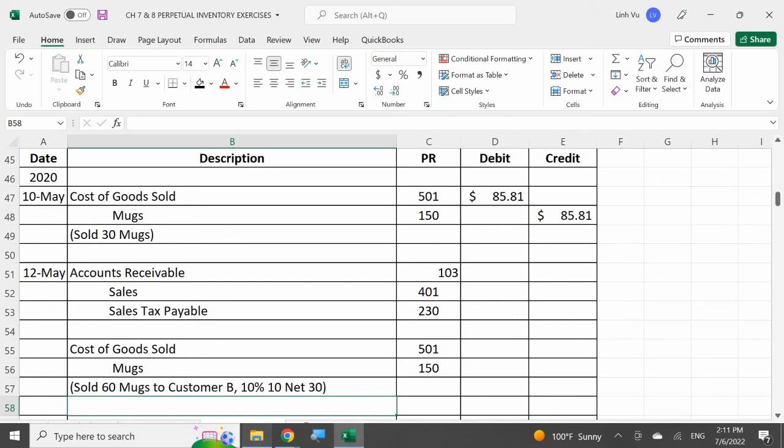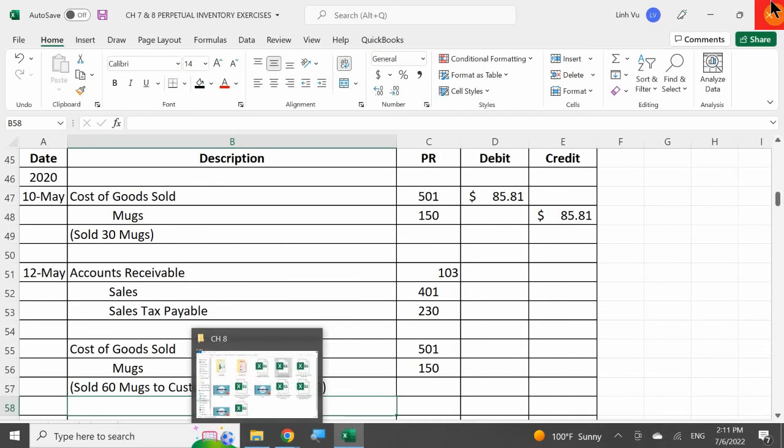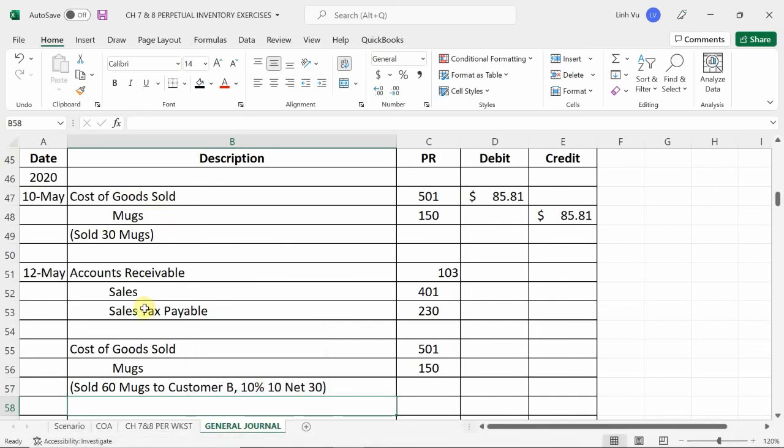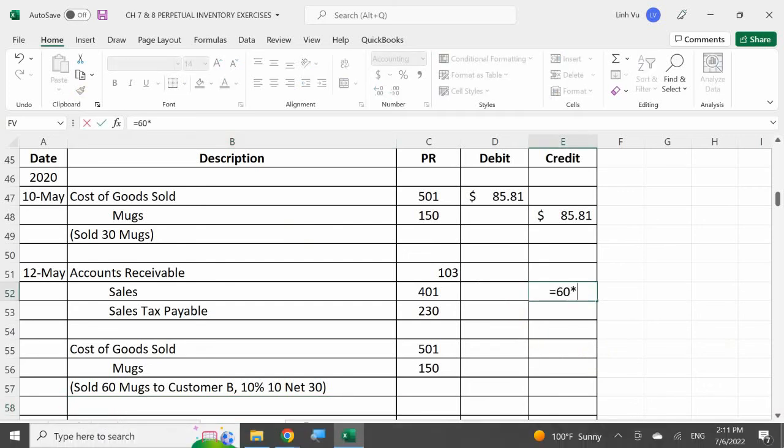If not, they have to pay within 30 days, which in this case means they have until the 11th of June. So if I sold 60 mugs at $10 each, what is my total sales? 600. Sales tax, $49.50.